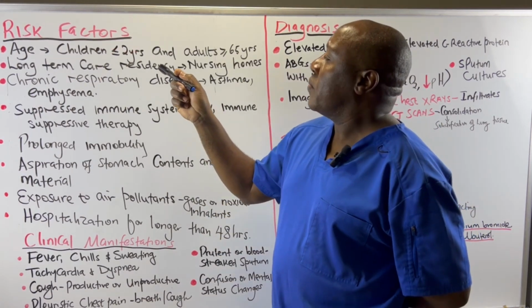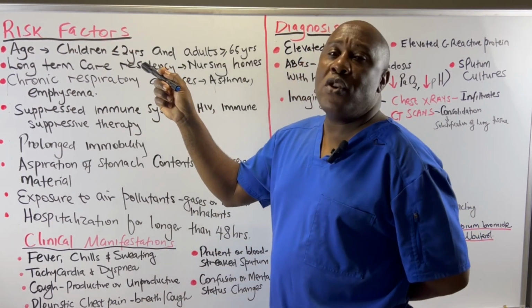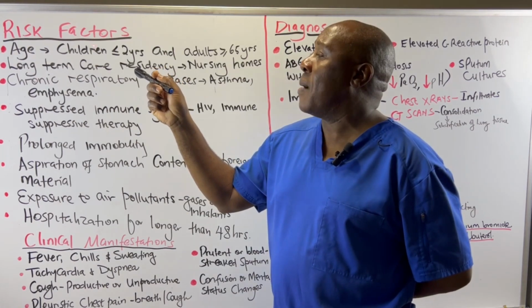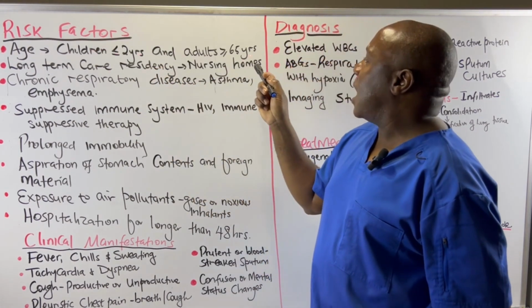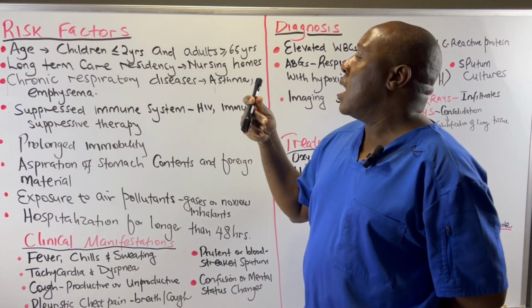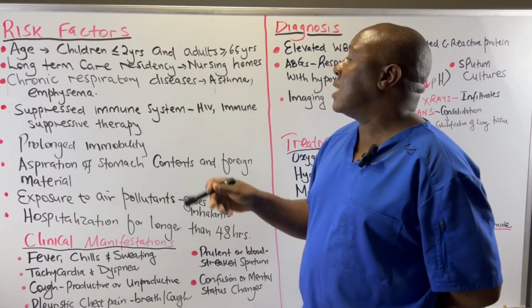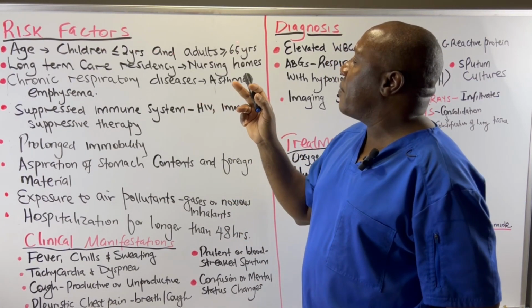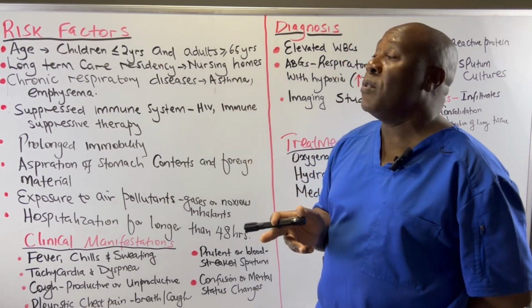This is because in these children, the immune system is not fully developed to combat the microorganism. And in the older adult population, the immune system has become weakened as a result of age, which exposes them to pneumonia.